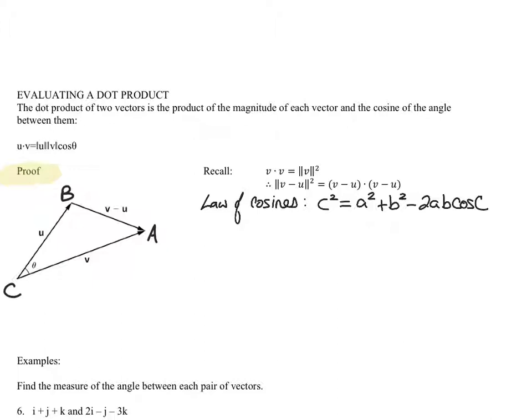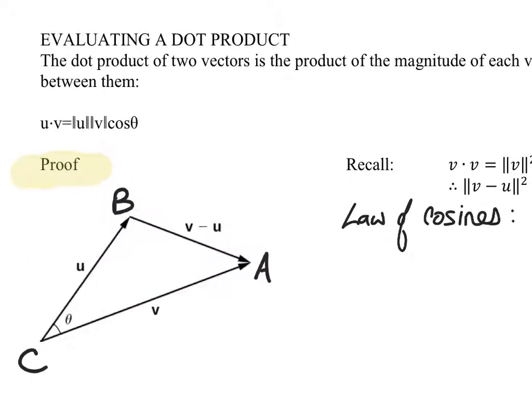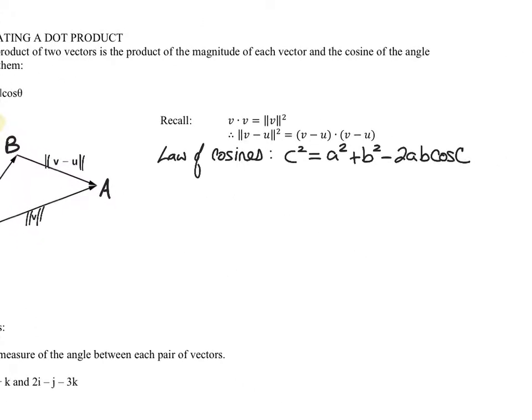So the C value is going to be V minus U. Now, this is vector V minus vector U, so it's a vector sum, but involving a negative. But if I'm talking about just the length of the side, it's actually the magnitude of V minus U. And this would be the magnitude of V. Now, the vector has magnitude and direction, but if I just want to talk about length, all I care about is its magnitude. So I'll slap those magnitude brackets on there.